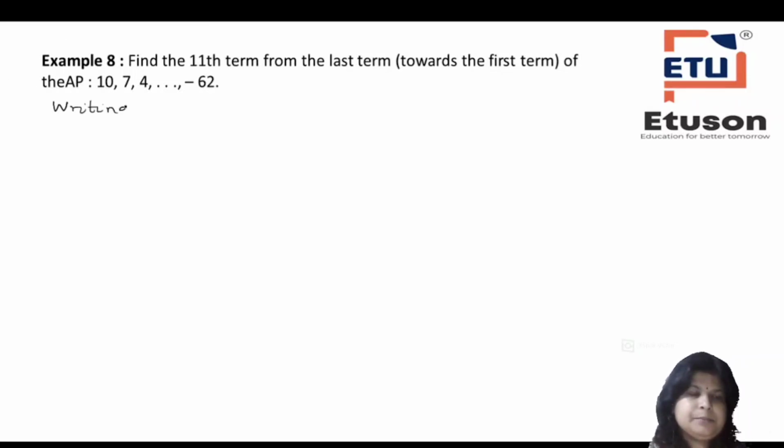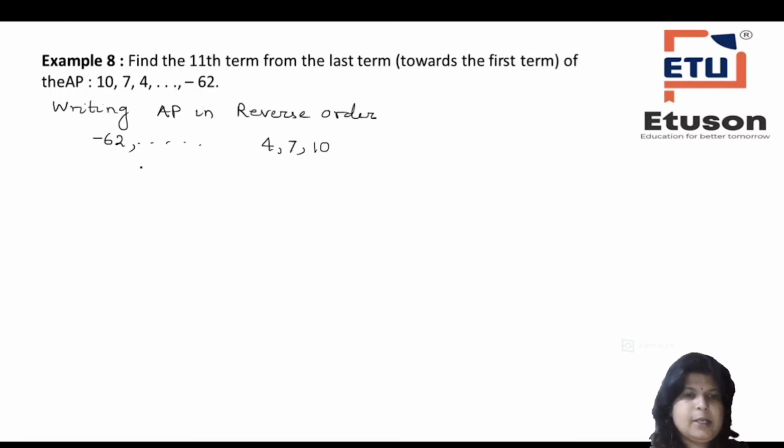Writing the AP in reverse order, we have minus 62, then it ends with 4, 7 and 10, and you can find out that your common difference is 3 here.